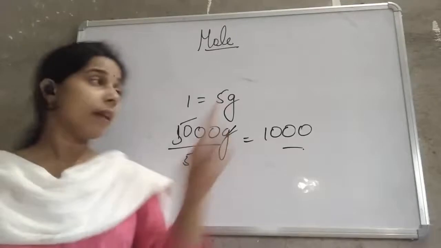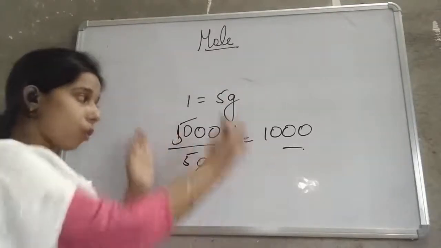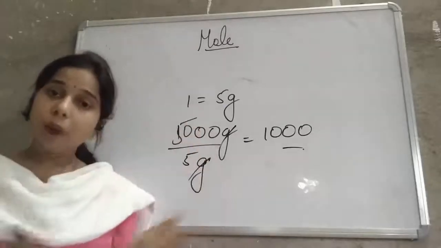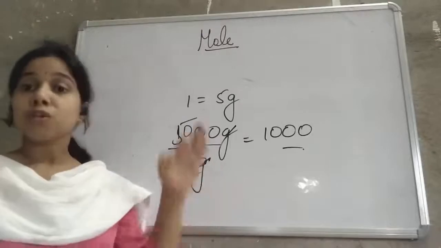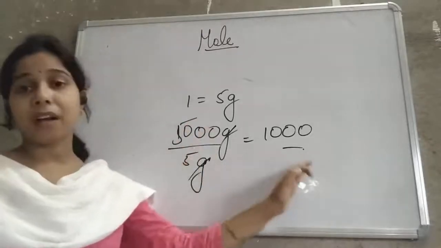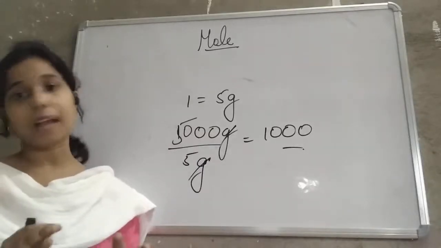So better we take all the coins in a container, find the mass of one coin, which is 5 gram, and the total mass of the coins kept in the container comes out to 5000. By dividing both of them, we are able to know what number of coins are present in that container.